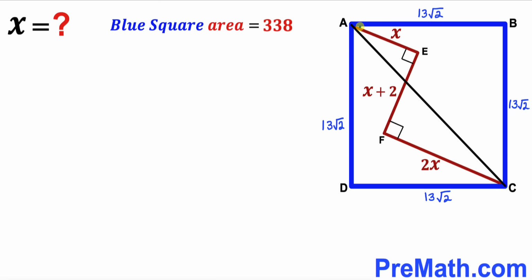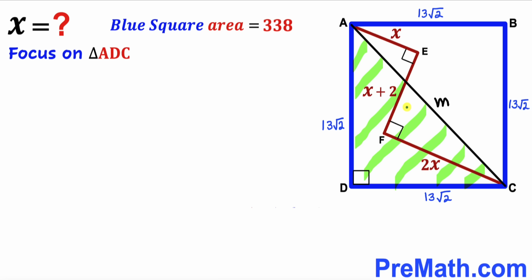And moreover, we can see that this AC is the diagonal of this blue square. And now our task is to find the value of this diagonal AC length. And moreover, we can see that this is our 90 degrees angle, since we are dealing with this blue square. And now I am going to label this diagonal AC length as lowercase m. And now we are going to find the value of lowercase m.